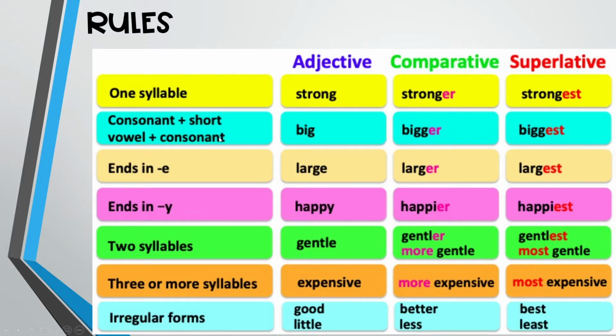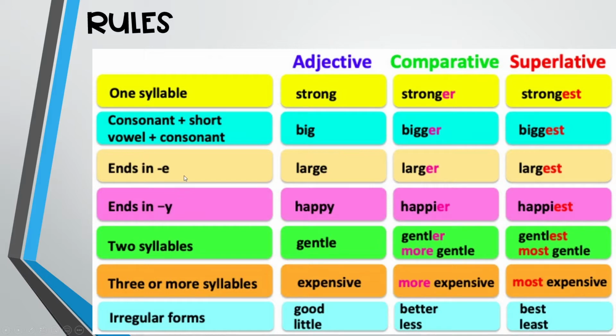Consonant, short vowel, consonant. So yang ada 3 sahaja huruf dalam perkataan dia. Then you need to spell it like this. Okay, bigger, biggest. Add another G and then put ER and EST.